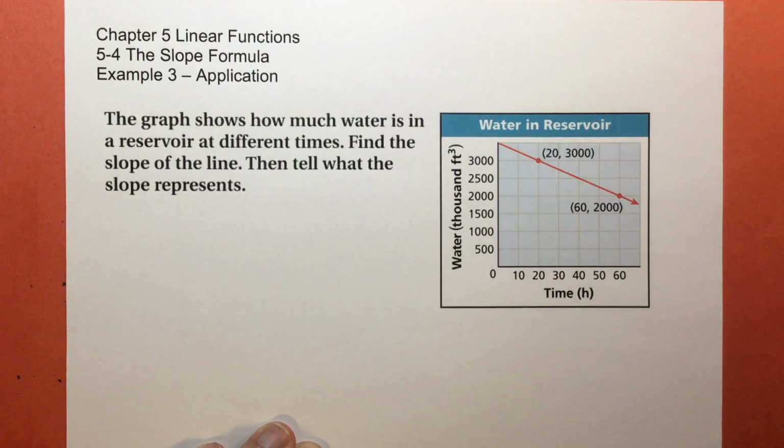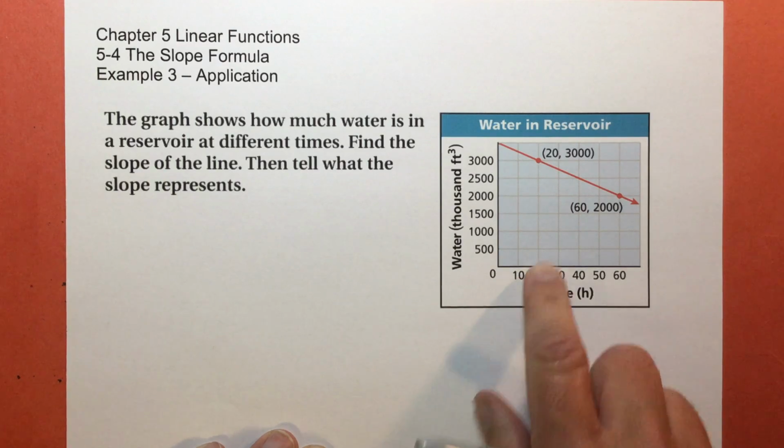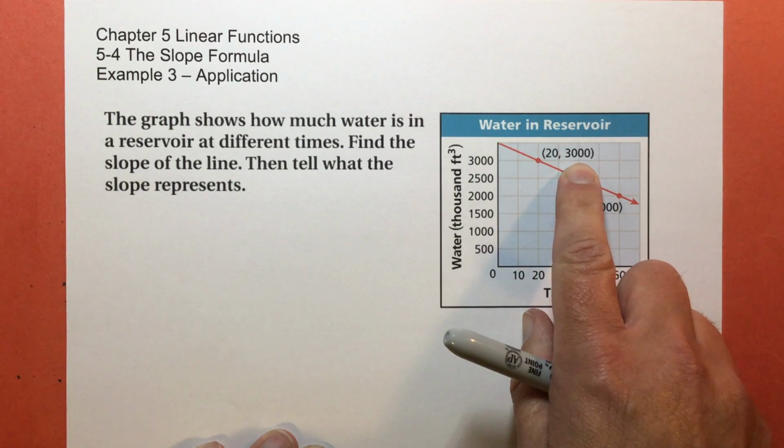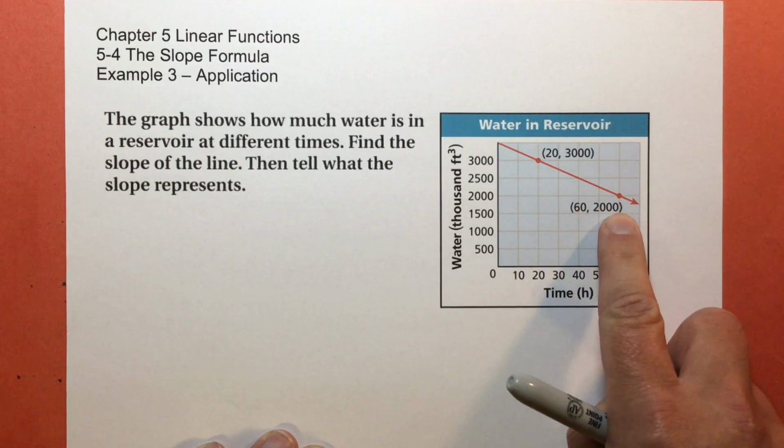And by the way, cubic feet is not a gallon, so you'd have to look up the conversion for it. That's why the metric system is so much better. Anyway, after 20 hours, it's now gone down to only 3,000. And after 60 hours, it's now gone down to 2,000.